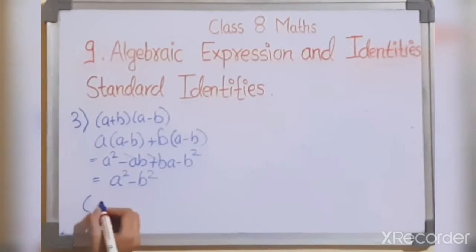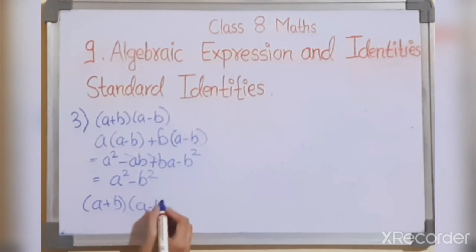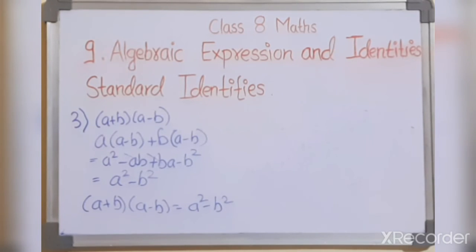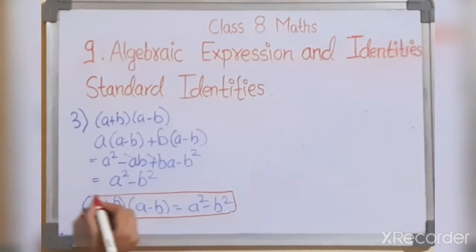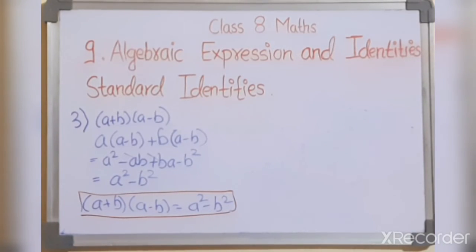So the last identity is (a + b)(a − b) is equal to a² − b². These three identities which we have seen now are known as standard identities. Now we shall work out one more useful identity.